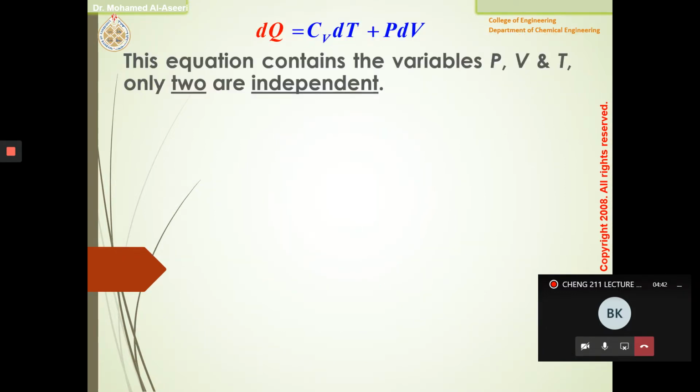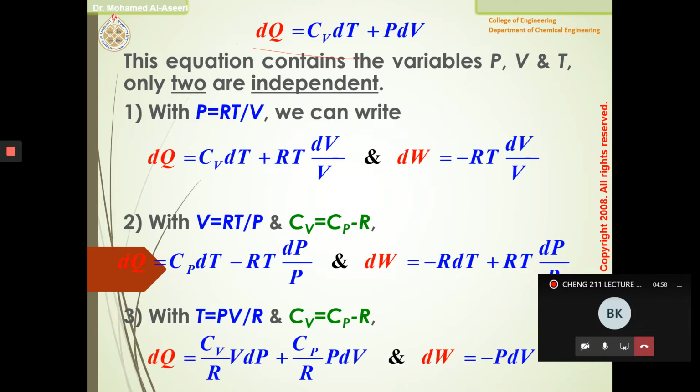Because we had replaced W with minus PdV, we found that it has three variables: pressure, volume, and temperature. Two of them are independent, so we reduced the number of variables in the equation, and in this case we had two variables per equation.